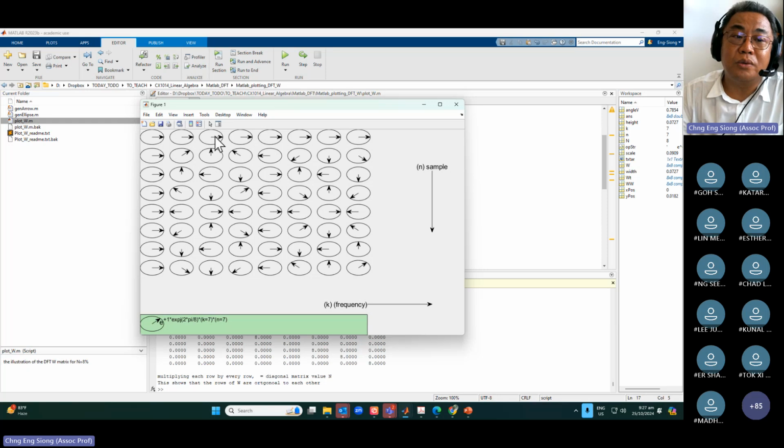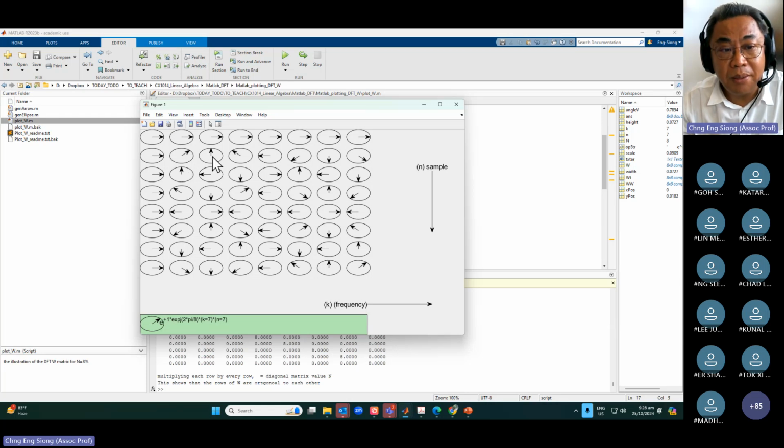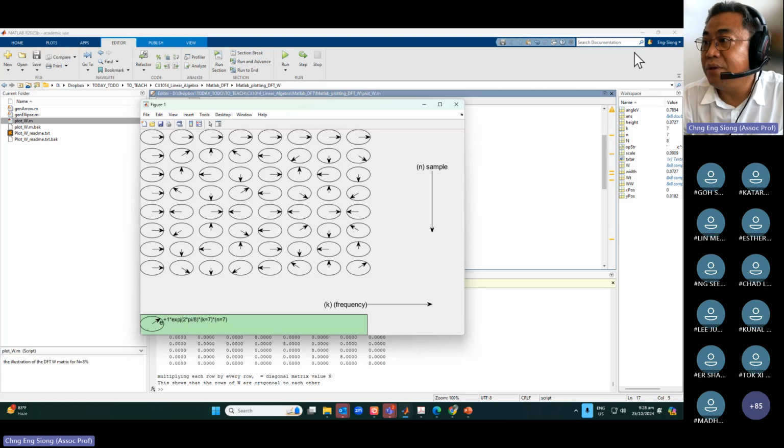K equals to 2. As I'm moving across k, my rotating phasor is rotating faster. Can you see? Now, in one step, I make pi over 2. Just now, I make pi over 4. Now I make pi over 2. See? And if I keep on increasing, I am moving faster and faster. Now, this is a very important concept.